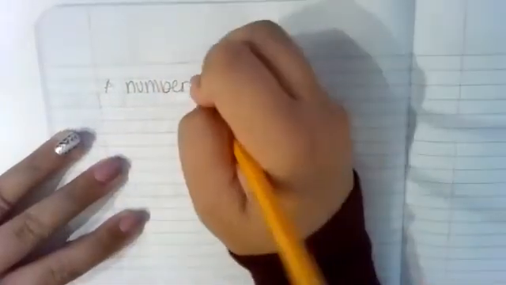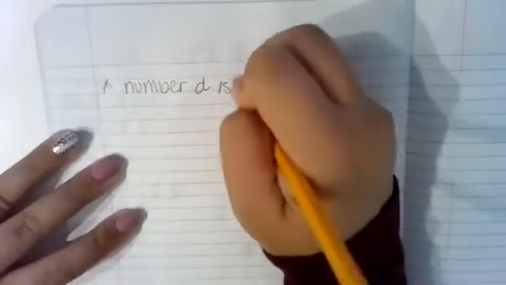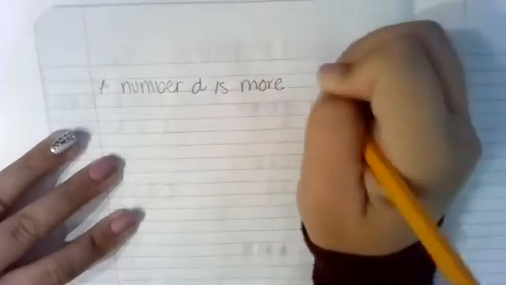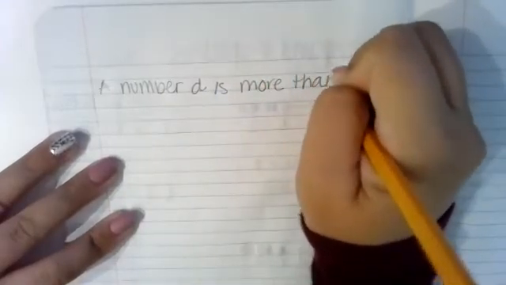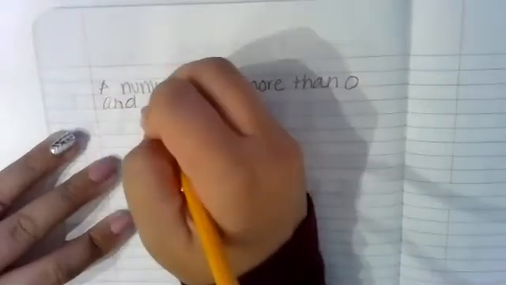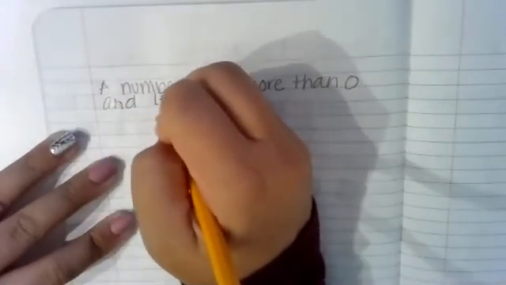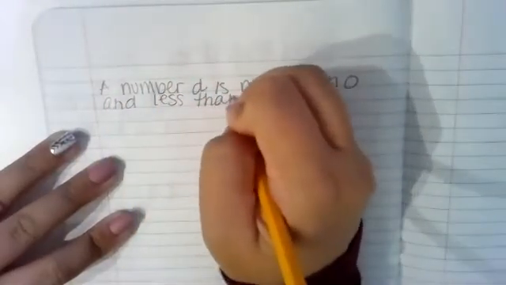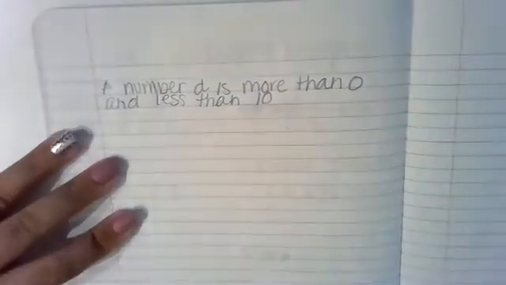Now we're going to take a look at how do I write an inequality from a sentence. So let's say I have a number D is more than 0 and less than 10.